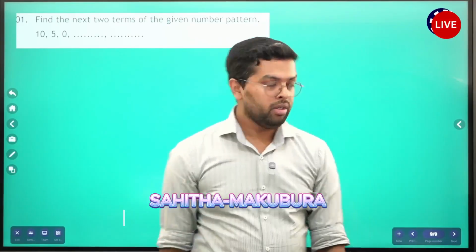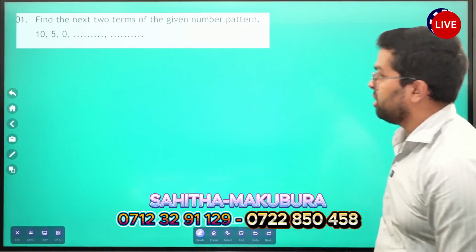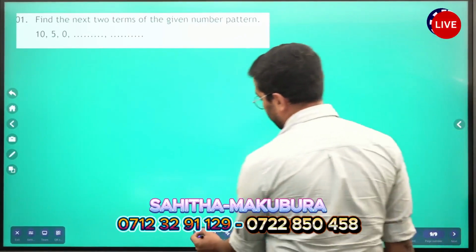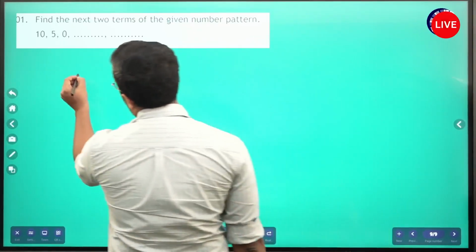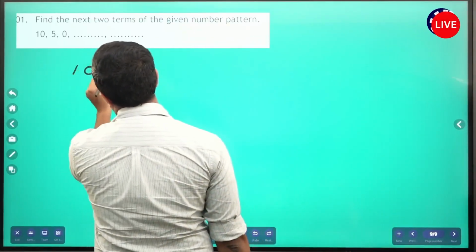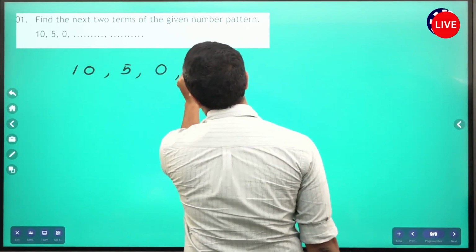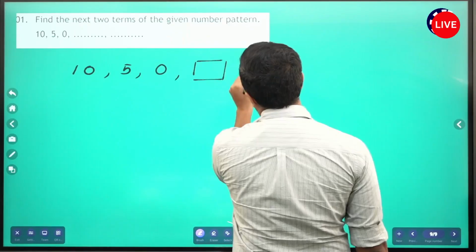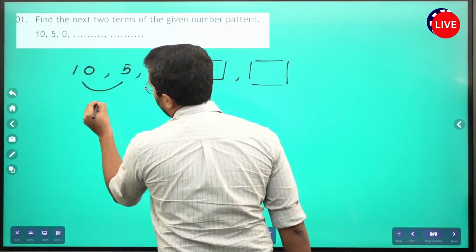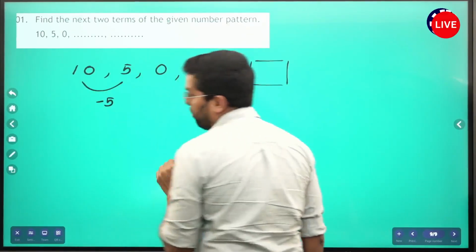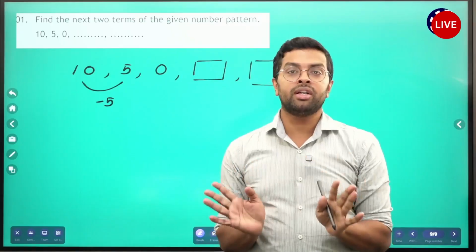Question number 1, from the lesson number patterns. Find the next two terms of the given number pattern. The terms of this number pattern are given as 10, 5, 0, and it is asking us for the next two terms, which is going to be very easy, right? 10 minus 5 equals 5, meaning the first term minus 5 gives you the second term.